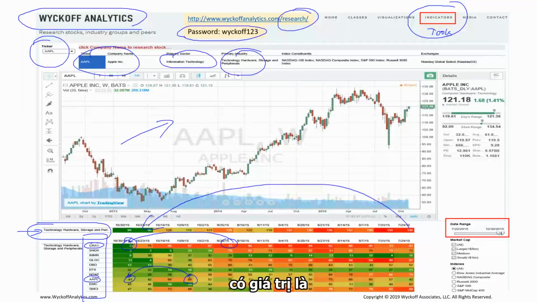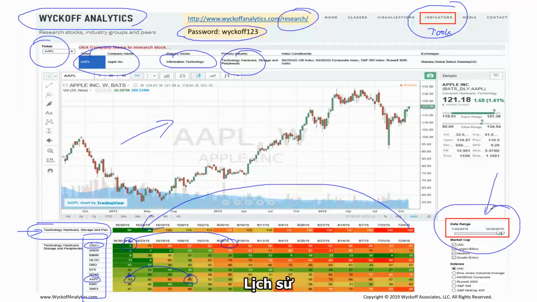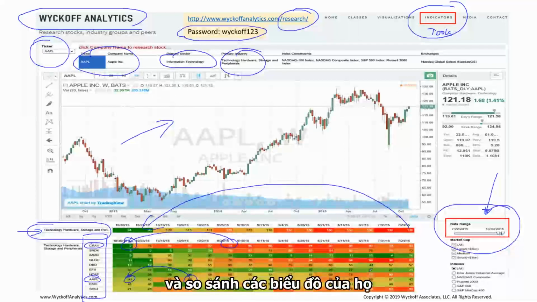What else is valuable is that in this tool you could do this historically. You could go back and try looking at the relative rotation for the whole group or for the whole sector even, and then look at the peers and compare their charts.